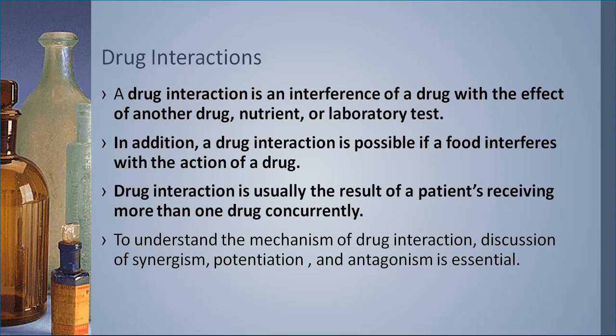Okay, like taking lumefantrine with a fatty meal is good because it helps lumefantrine, or artemether-lumefantrine, to be absorbed better. Drug interaction is usually the result of a patient receiving more than one drug concurrently. Okay, so where a patient has two or more drugs, we should be careful. Anytime a doctor prescribes two or more drugs for a patient, we should read and see whether the medicines will interact with each other or not.